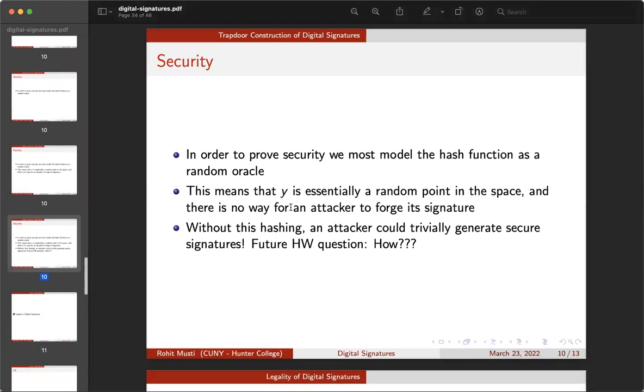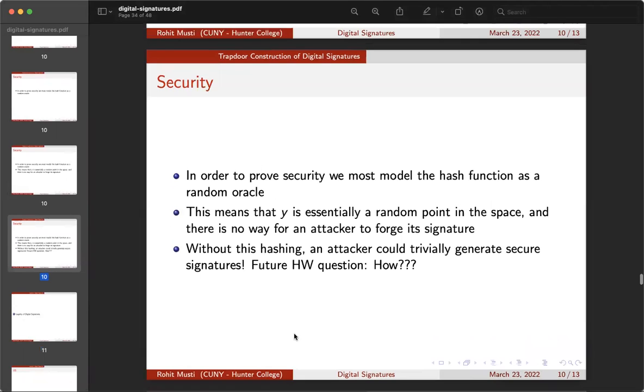The key here is just to understand that you're going to see these hash functions modeled as random oracles whenever you look at proofs about this work in the wild. This is why: you need the hash function, and that randomness is what's giving you security. Any questions about what random oracles are, or hash functions, or anything like that?